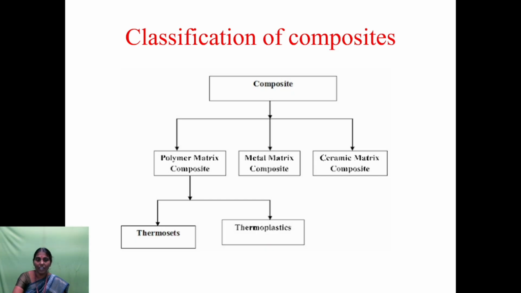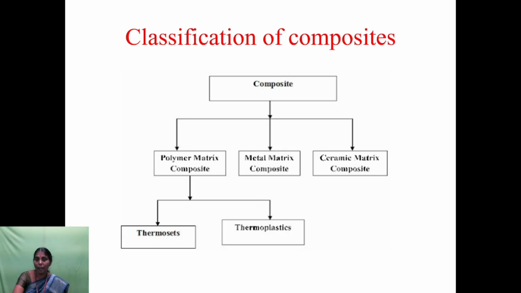A polymer matrix composite consists of a polymer as the matrix material and fiber as the reinforcement. Polymer matrix composites are classified into two types, thermosets and thermoplastics.